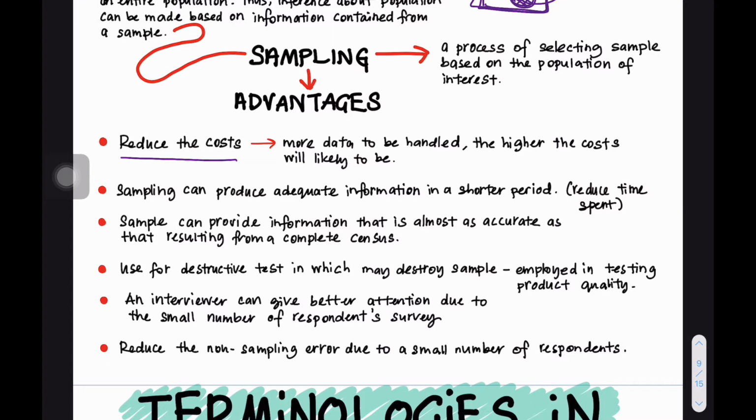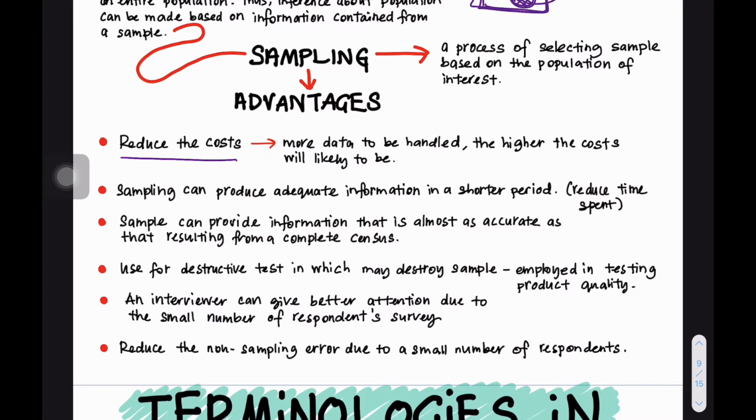Okay, advantage yang kedua adalah sampling can produce adequate information in a shorter period. Because you have only a small number of data, it means that you only need a short period of time to analyze the data compared to kalau kita nak kaji the whole population.